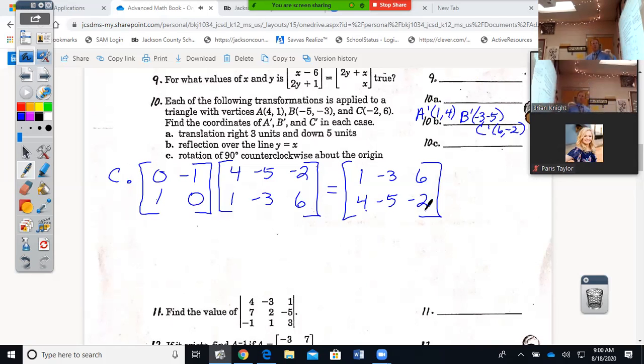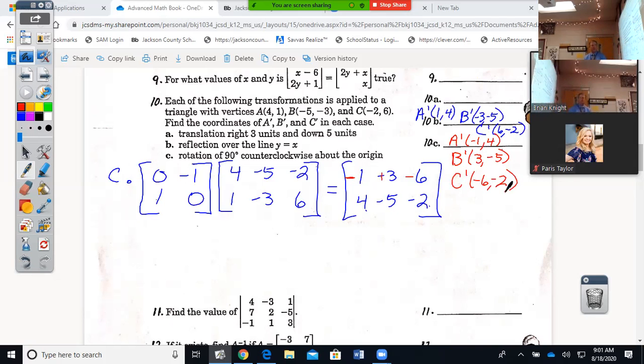And now we change the sign of everything where? On the top, because the negative's on the top. So that becomes -1, +3, -6. So we got A prime is -1, 4. B prime is 3, -5. And C prime is -6, -2.